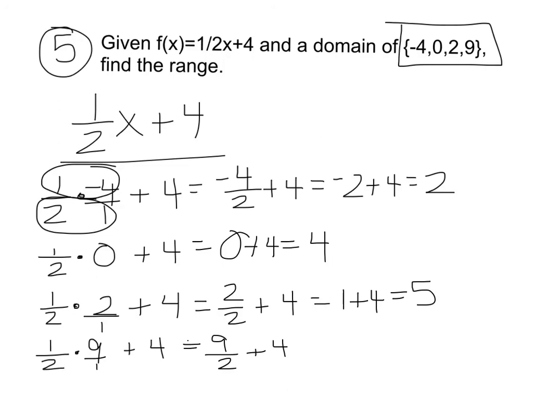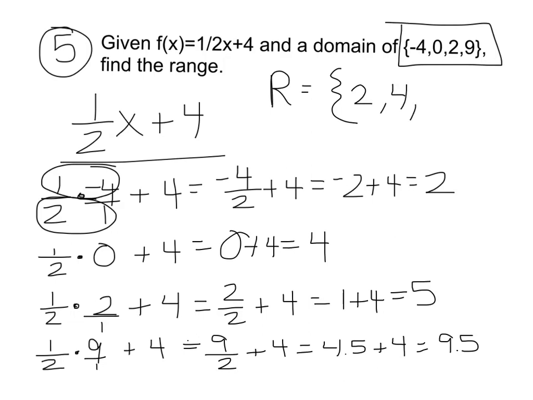Okay, well 9 over 2 is equivalent to 4.5, so you have 4.5 plus 4, which gives you 9.5. So there is your range. You got all your values. So we're just going to start putting them into parentheses here. So 2, 4, 5, 9.5. And there would be your range.